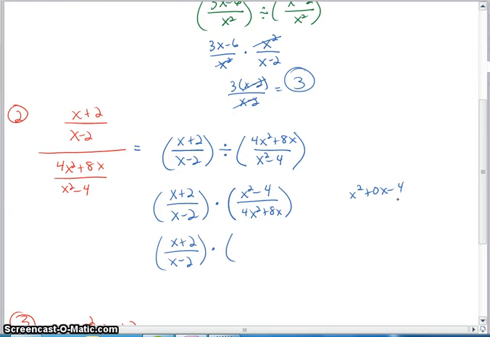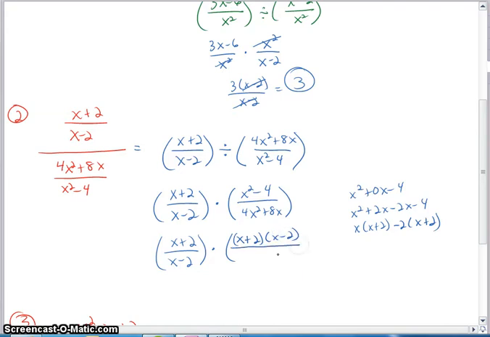So I'm looking for things that multiply to negative 4 and add up to 0. So hopefully you're remembering that that would be a positive 2x and a negative 2x. So left over I've got x times the quantity x plus 2 minus 2 times the quantity x plus 2. So the numerator is x plus 2, x minus 2.